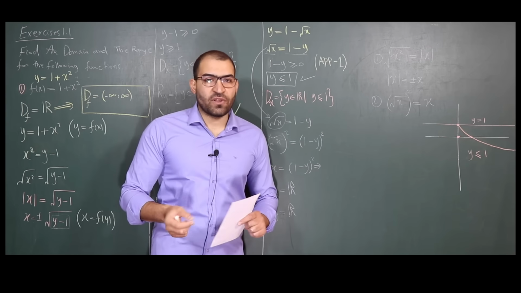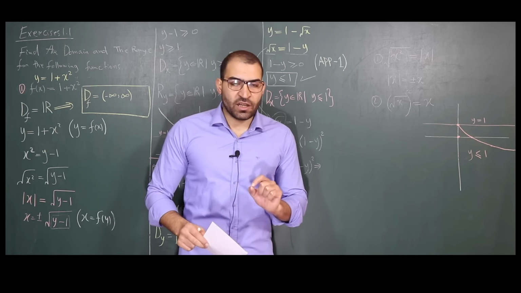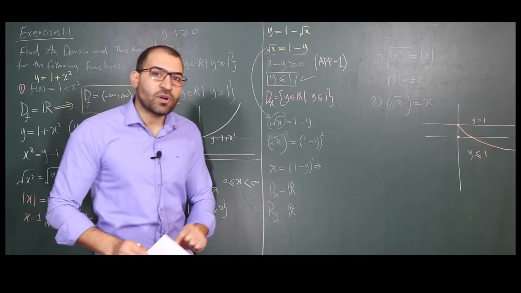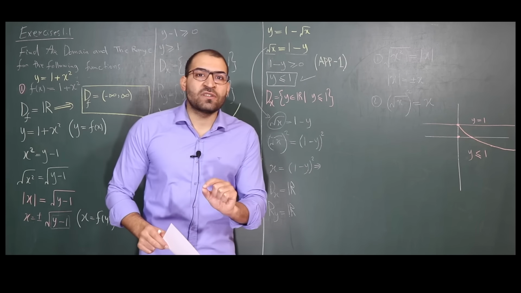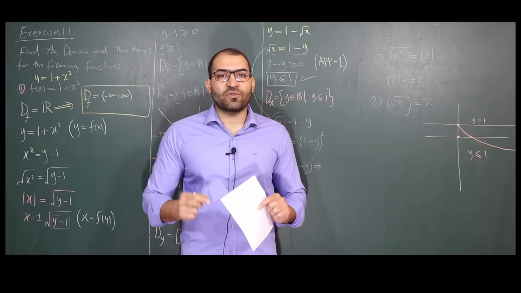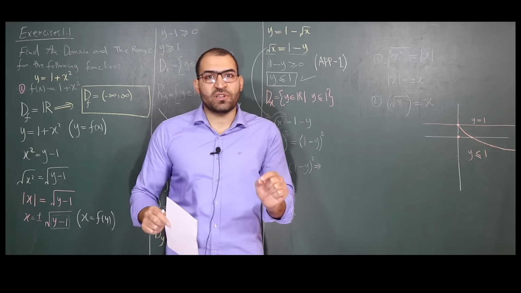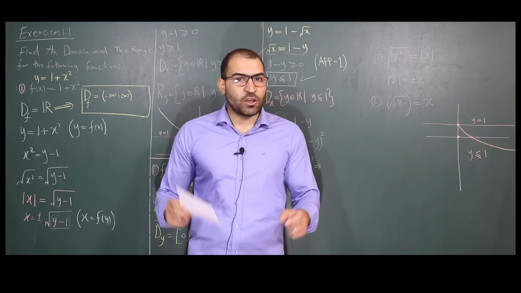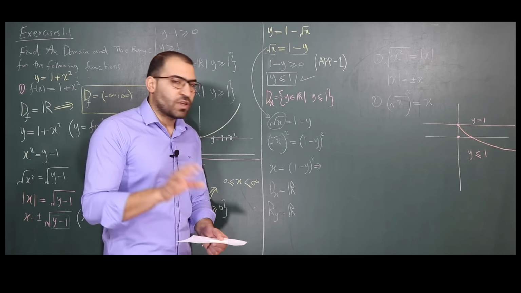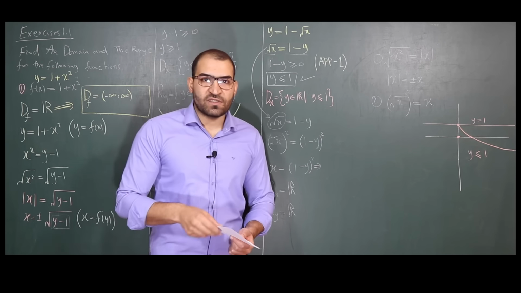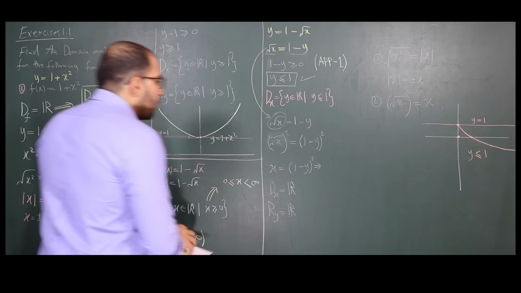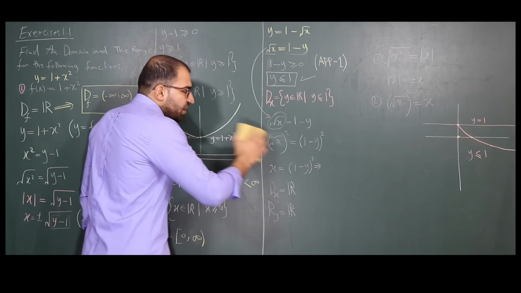I want you to observe that finding the domain is just finding the constraints on the input elements, and finding the range is just finding the constraints on the output elements. So whenever you find something that helps you put boundaries on these constraints, you just stop and choose them. You don't have to follow all the notations blindly. So we don't need this.